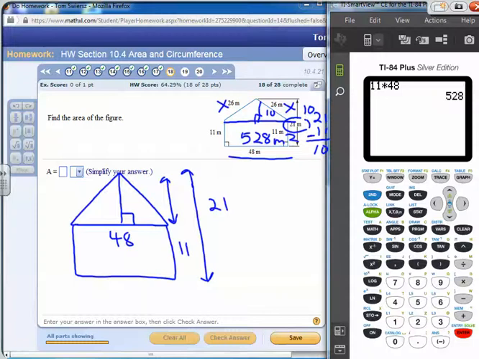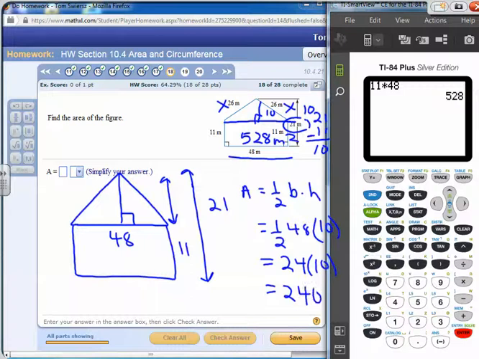So then the triangle is what? Area of the triangle is 1/2 the base times the height. The base was the 48, and the height was 10. So 1/2 of 48 is 24. 24 times 10 is 240, or obviously you can use your calculator. So 240 square meters, along with the area of the bottom rectangle, 528.